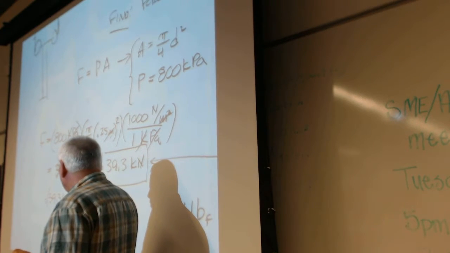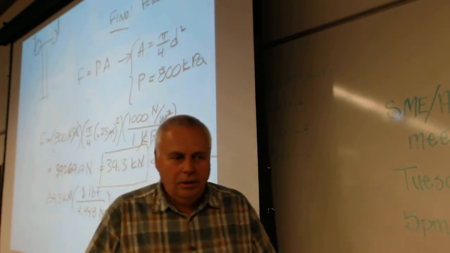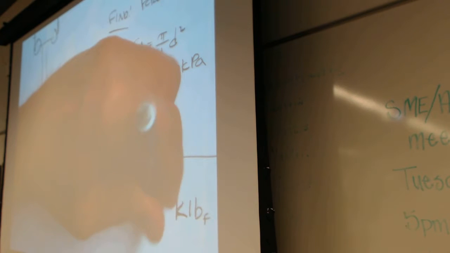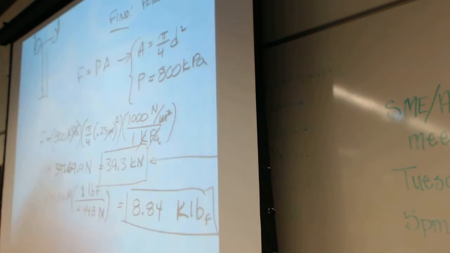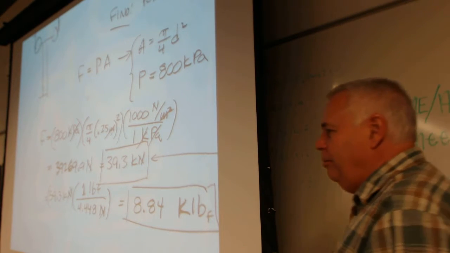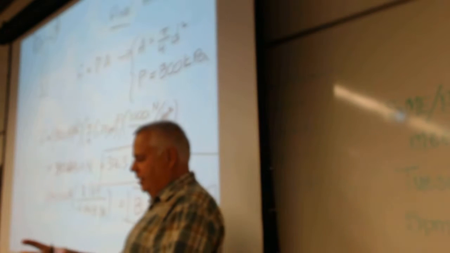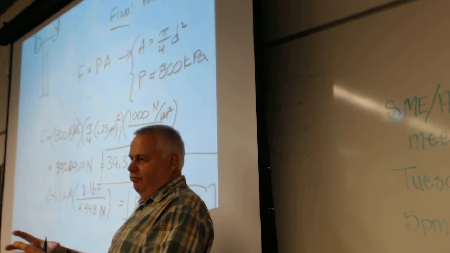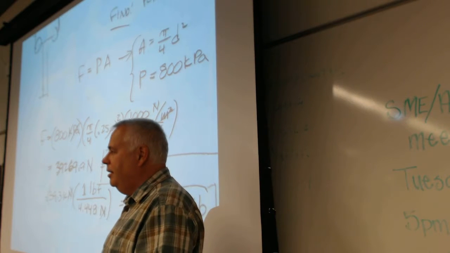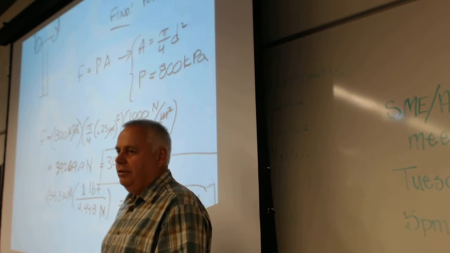I got 8.24 kilopounds of force. Okay, thank you. So 8,800-ish pounds of force you're going to get on that 10-inch piston that's being supplied with 120 psi of pressure.